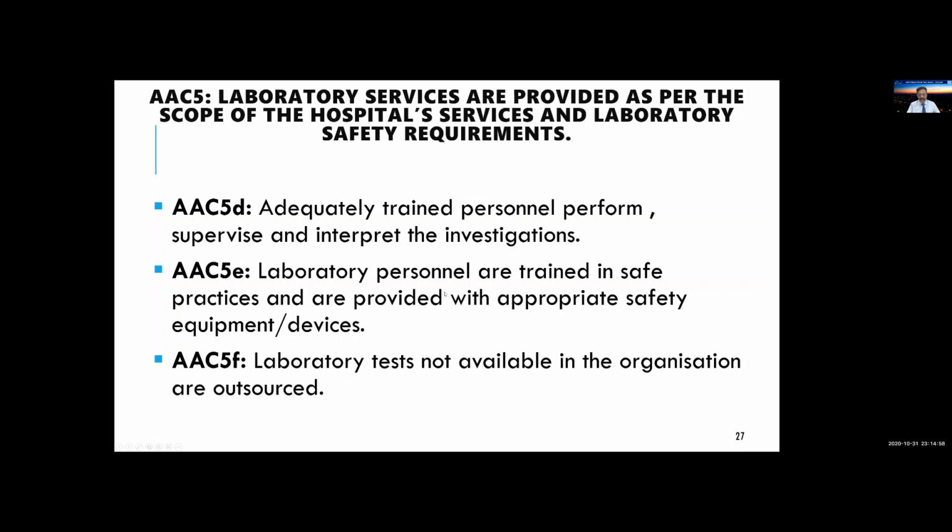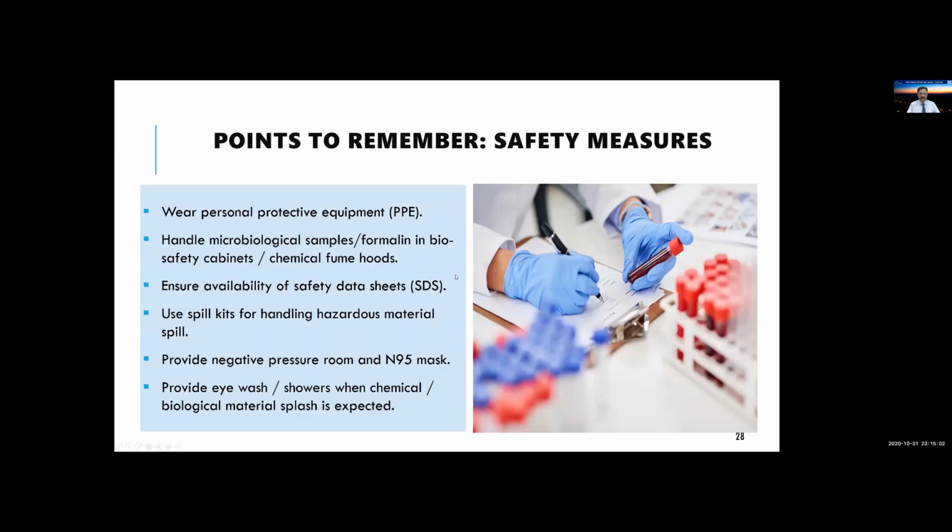And lab tests which are not available in the organization, you can certainly outsource, but see to it that the safety measures are in place. If you are having phlebotomy services, ensure that your staff wear PPE and handle the microbiological samples properly. Ensure availability of MSDS, material safety data sheets, and also a hazardous material spill kit.